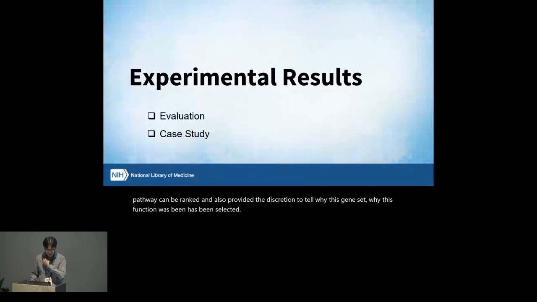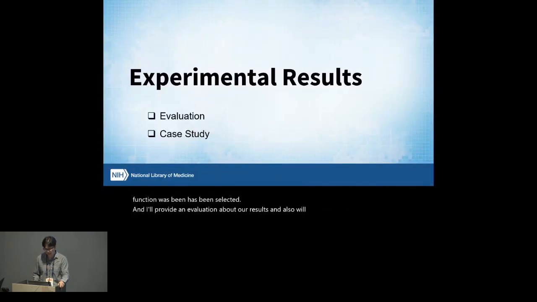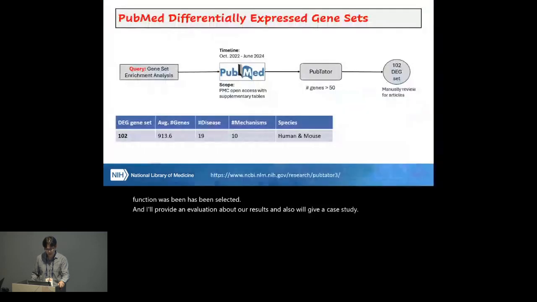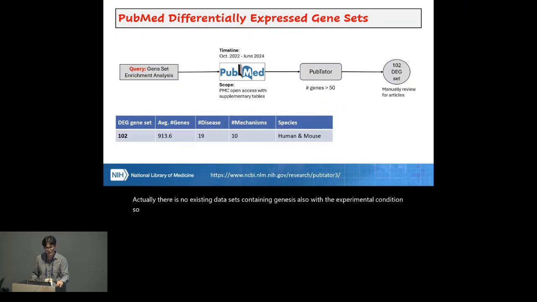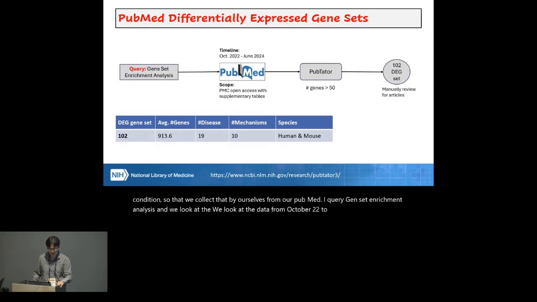I'll provide an evaluation of our results, and also give a case study. Actually, there is no existing dataset containing gene sets along with the experimental condition, so we collected it ourselves from PubMed by querying gene set enrichment analysis, looking at data from October 2022 to June 2024, and narrowing down the scope to PMC open access only with supplementary tables.